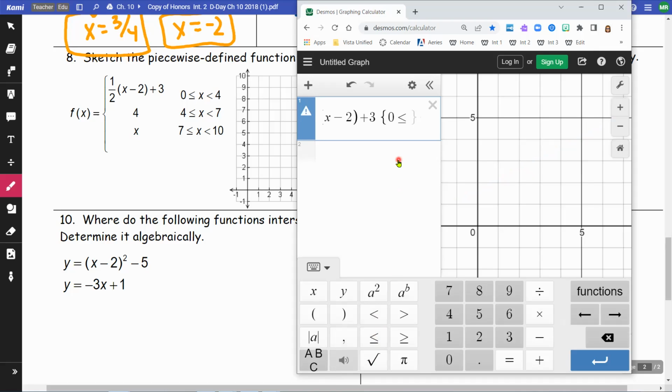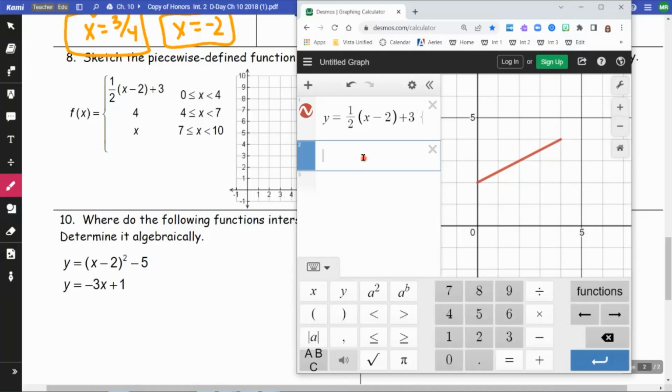So let me get my x in here, less than 4. Now really here, this would be an open circle, but you can see here's a portion of it. We're only going from 0 to 4.